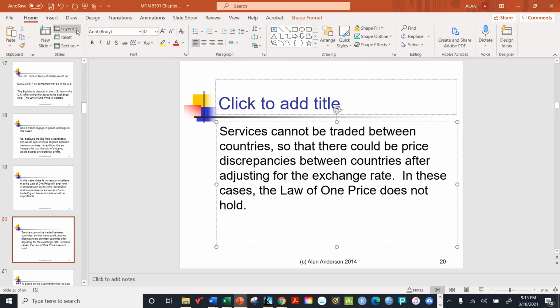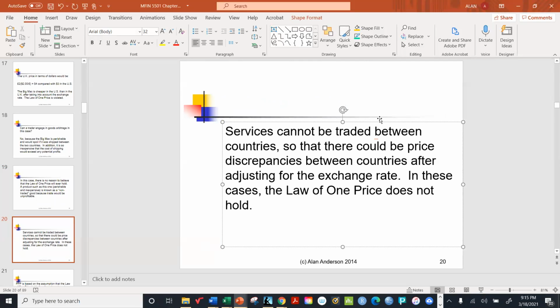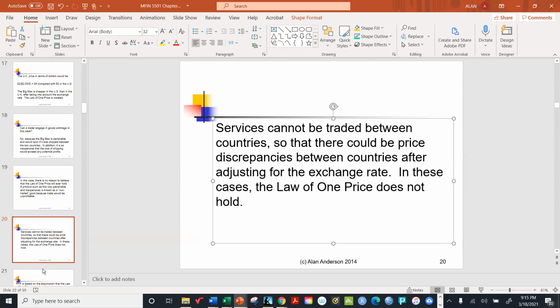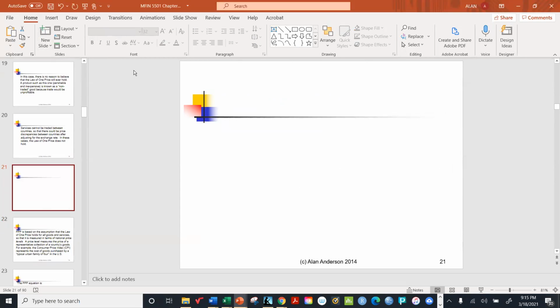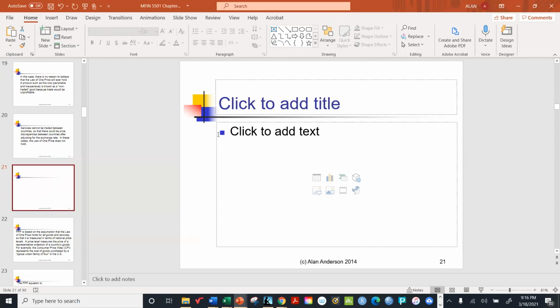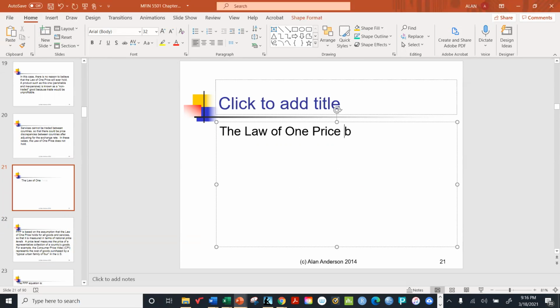Okay, so therefore, what we're going to do is claim the following. The law of one price can be expected to hold for goods where arbitrage is possible.